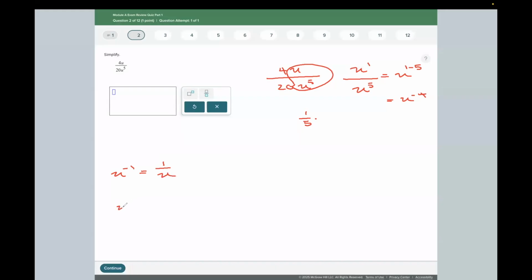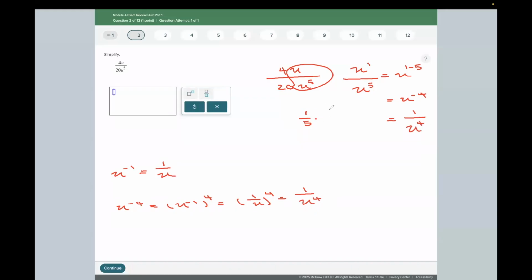So if I have u to the -4, we'll think of this as u to the -1 to the power of 4. And then this is 1 over u to the power of 4. So another way of writing u to the -4 is 1 over u to the power of 4.